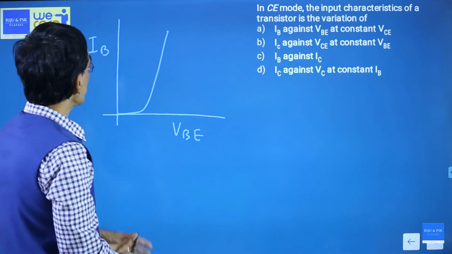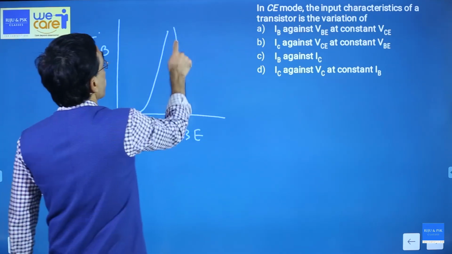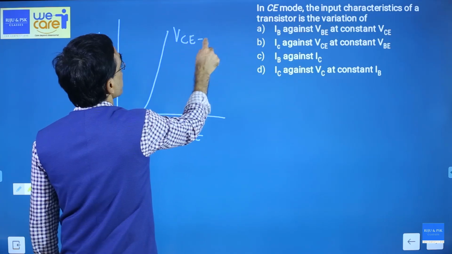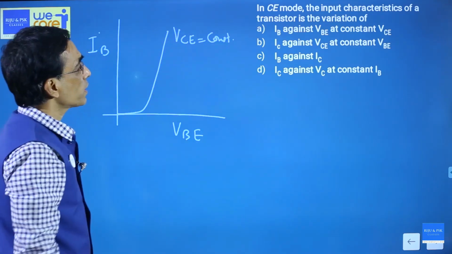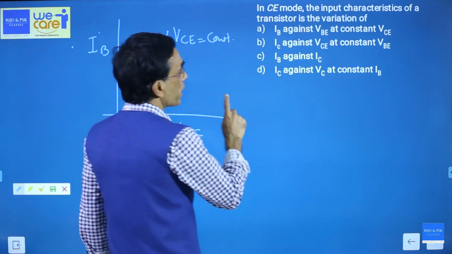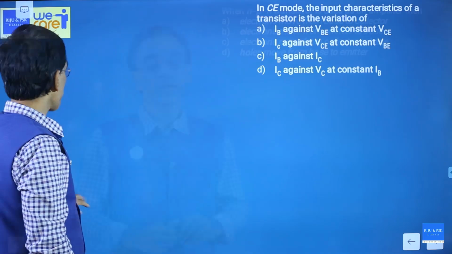It is a variation of base current versus base-emitter voltage when the collector-emitter voltage was constant. VCE was kept constant. So that's your option: IB against VBE at constant VCE. That is the answer to that question.